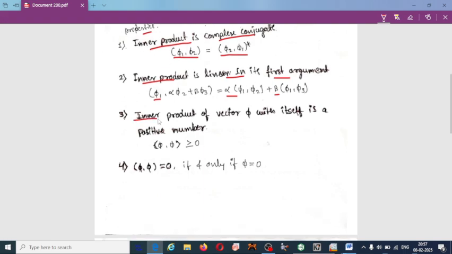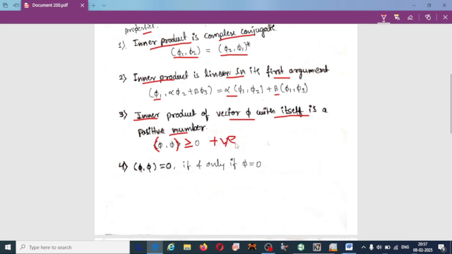Third property: the inner product of a vector phi with itself is a positive number. If we take the inner product of phi with itself, it is non-negative, so it may be equal to 0 or greater than 0.